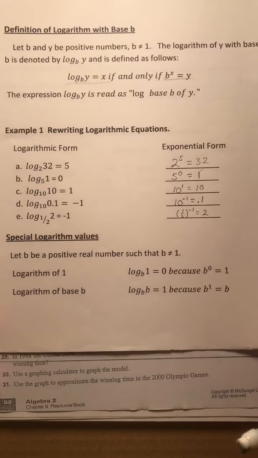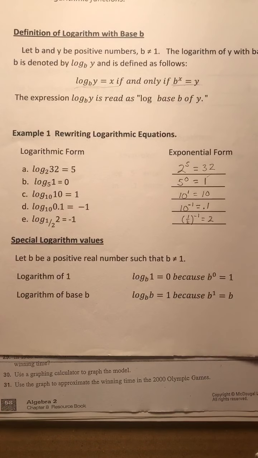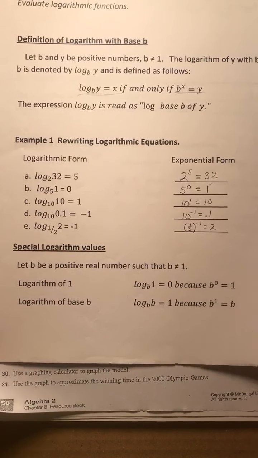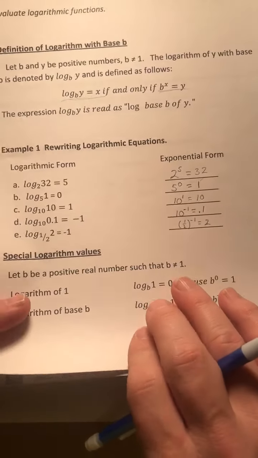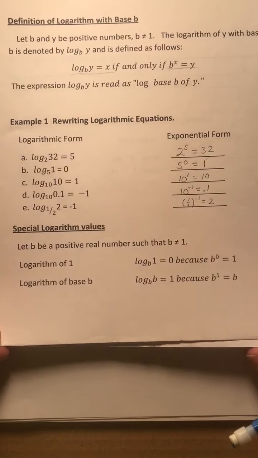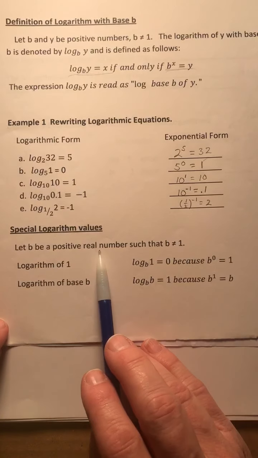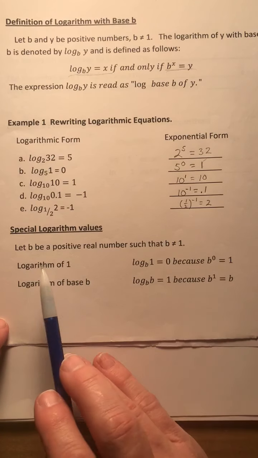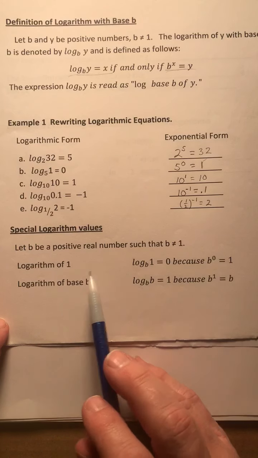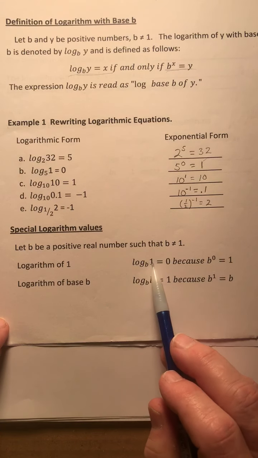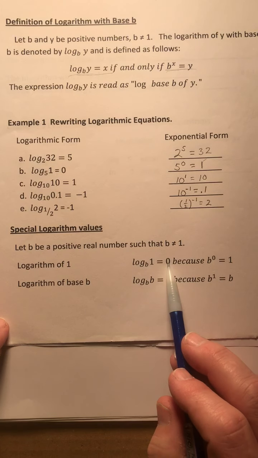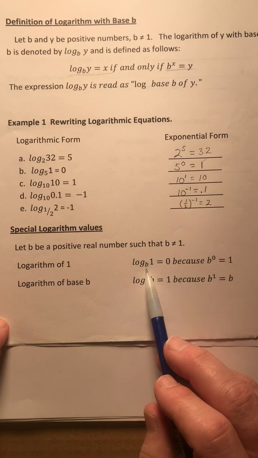Next we have logs of the special ones. These are the special logarithms. Let b be a positive real number such that b is not equal to 1. Then you have the logarithm of 1. Log of any base b of 1 will always be 0. It doesn't matter what the base is.